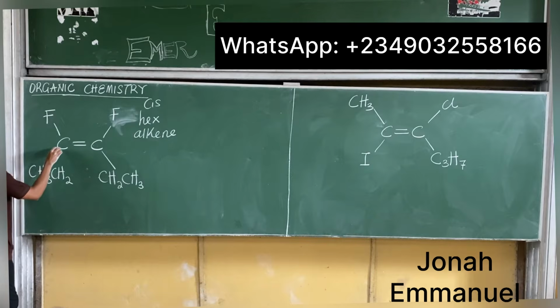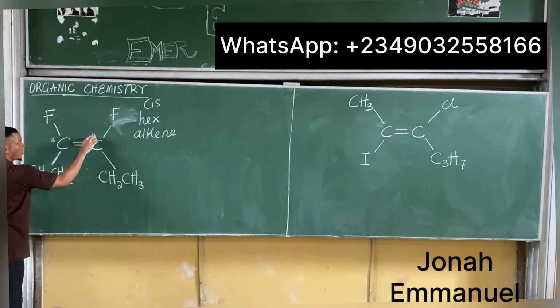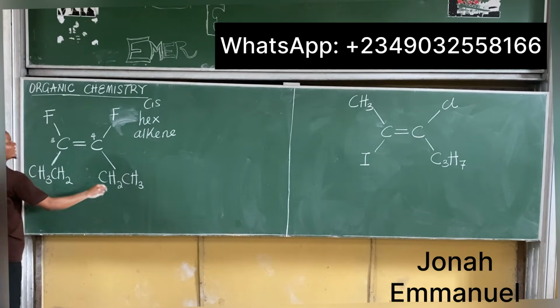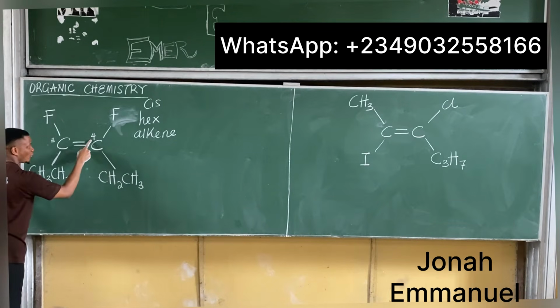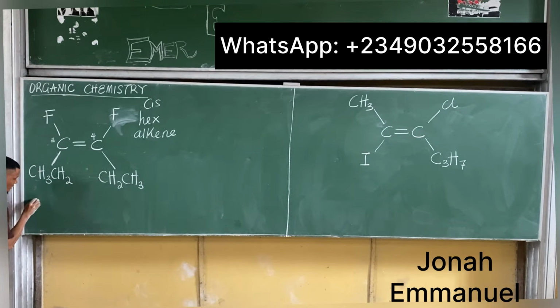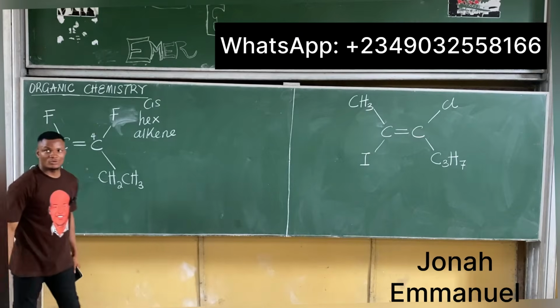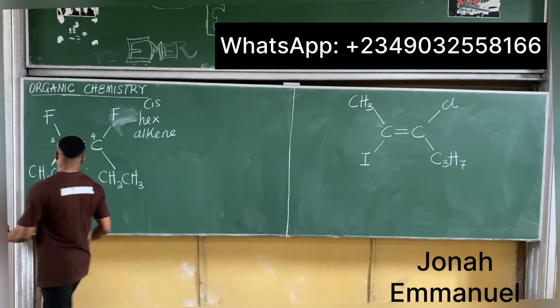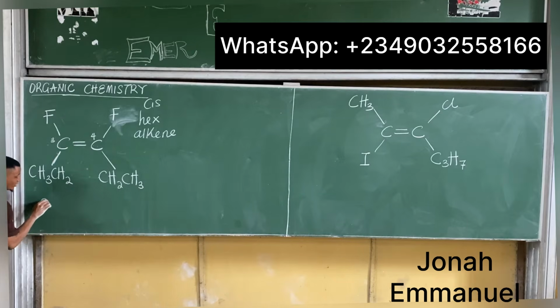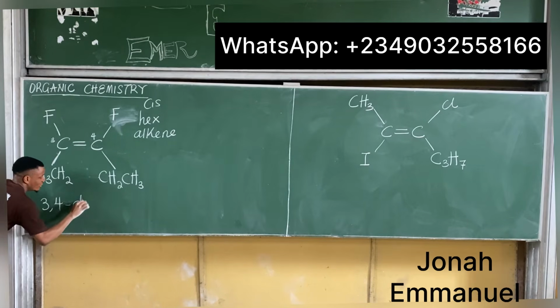1, 2, 3, 4, 5, 6. It means the two fluorines are on carbon what there? 3 and 4. So what's the name of this compound? No. Substituent first. 3, 4.